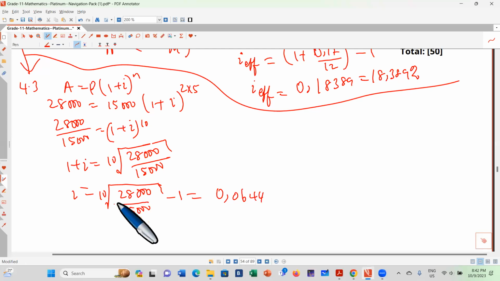If you use a calculator, the 10th root of this minus 1 is 0.0644044. So this one is going to be the i.